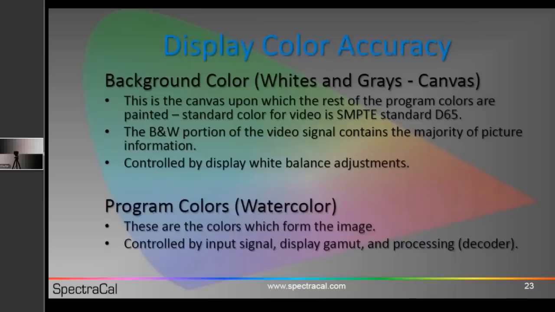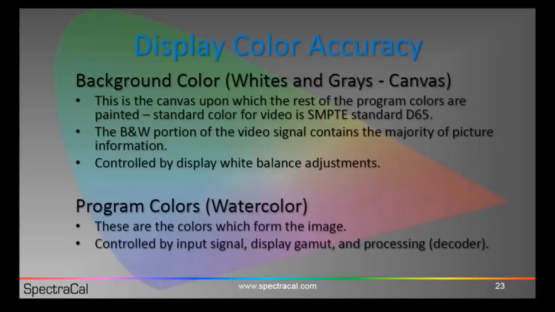I see that our video camera, our webcam, is introducing a little bit of color shift there that really isn't as pronounced in the display. This should be just neutral shades of gray then. That is the canvas upon which the rest of the program colors are painted. And let me turn off that webcam now for a while.